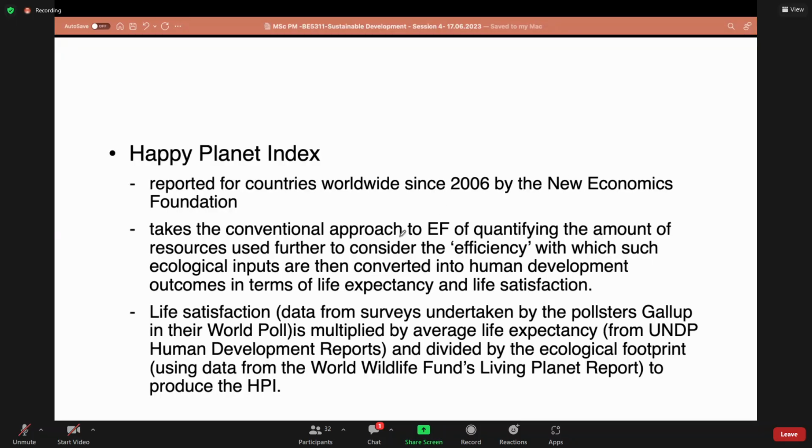They are taking this ecological footprint concept, and they are also considering the efficiency with which these ecological resources that people use are converted into actual human development outcomes. So whether you're actually using your resources in an efficient way so that they are contributing towards human development, whether things like your life expectancy and life satisfaction have improved by your use of resources.